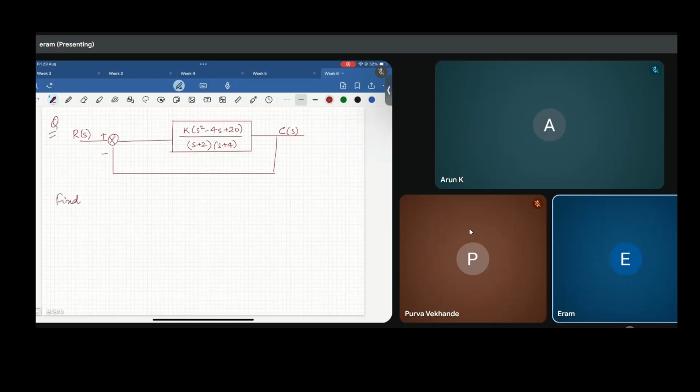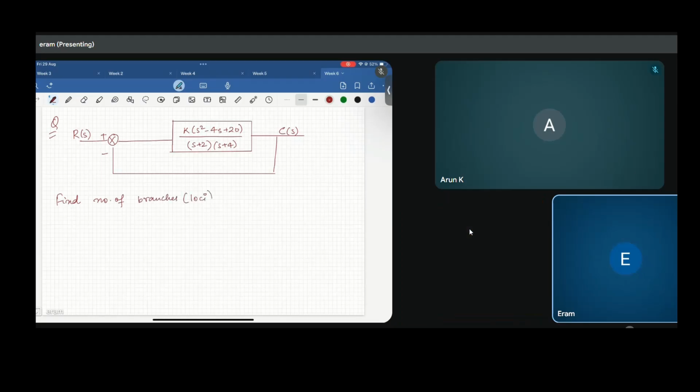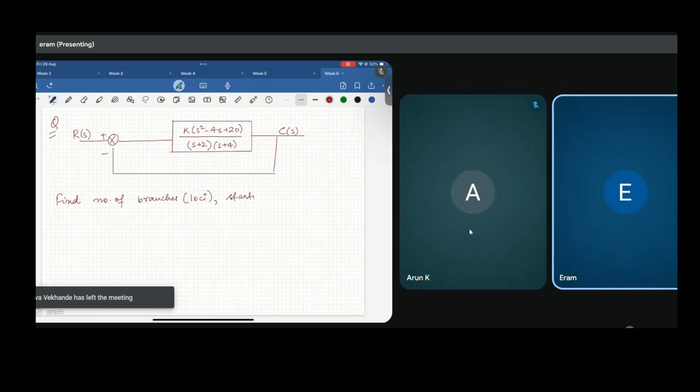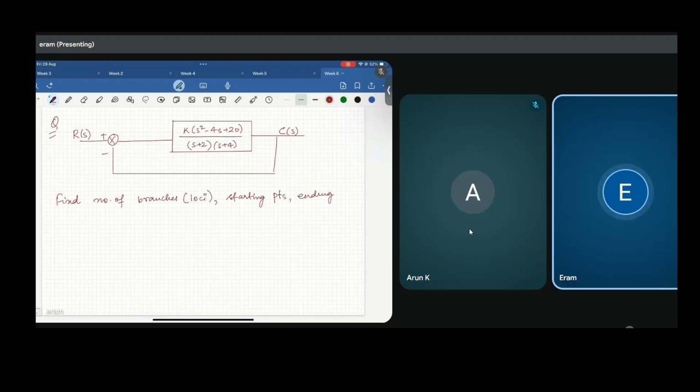For this system, find the number of branches, starting points, ending points, and number of asymptotes of the root locus.